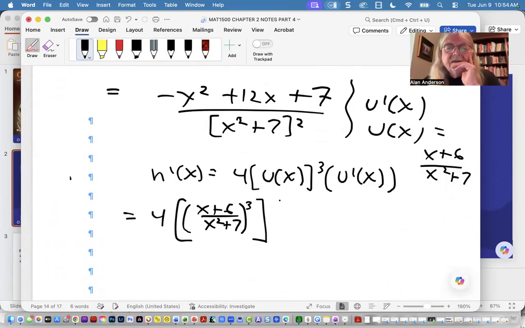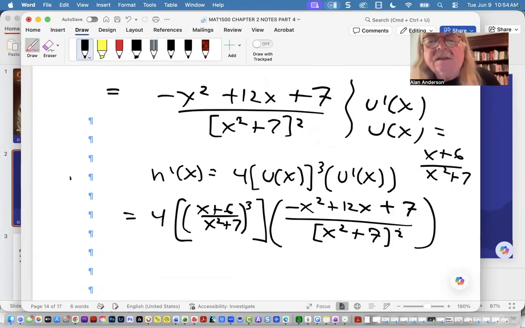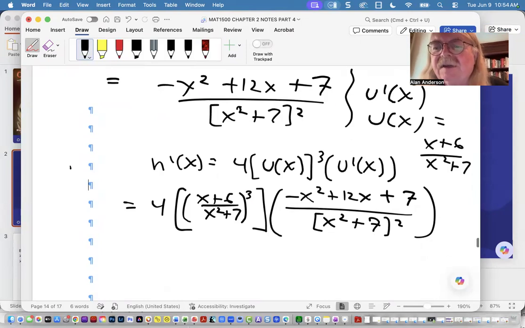And then we have this piece. And I'm sure they're going to simplify it in the answers here, but that's the answer right there.